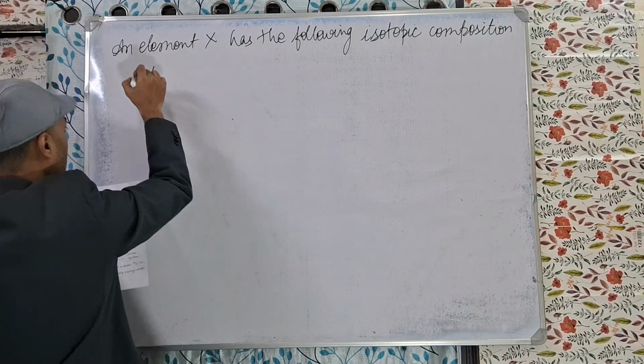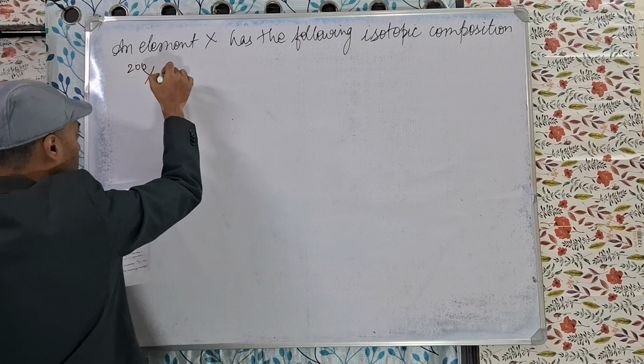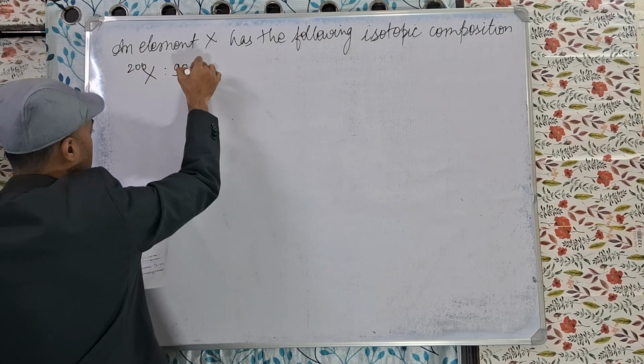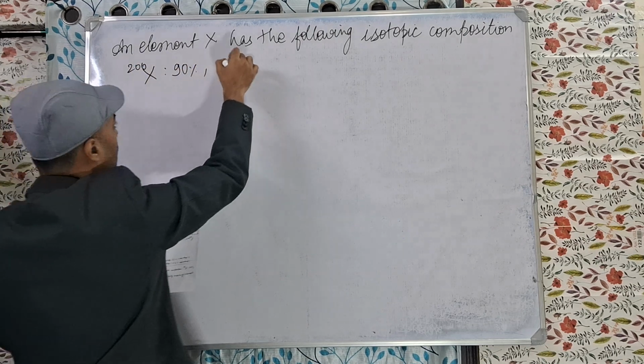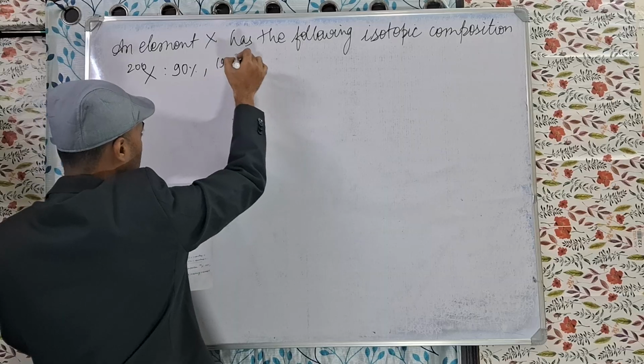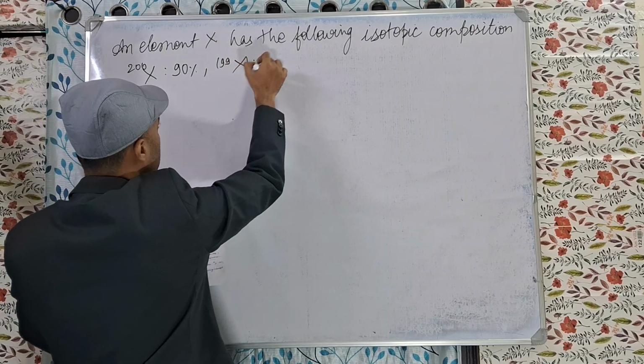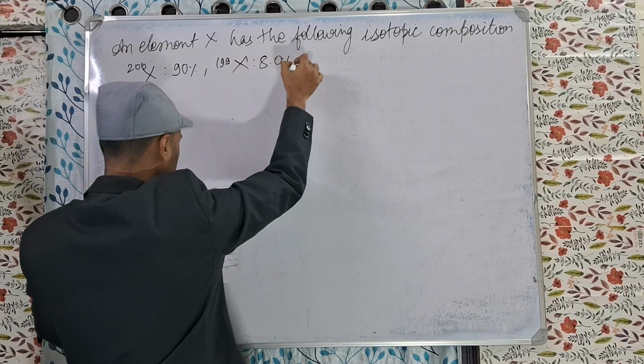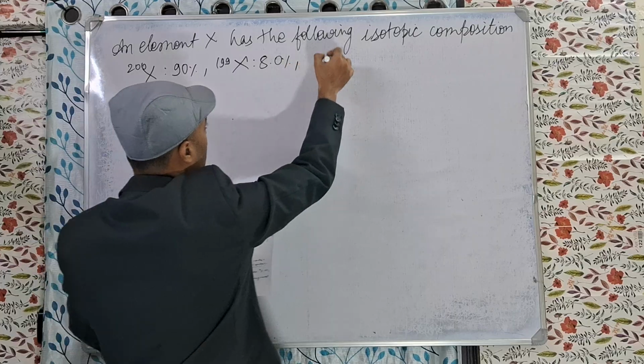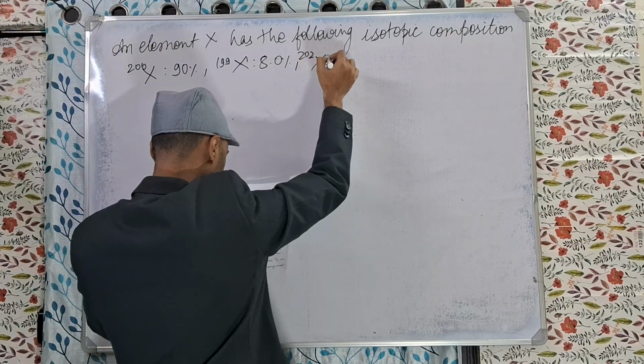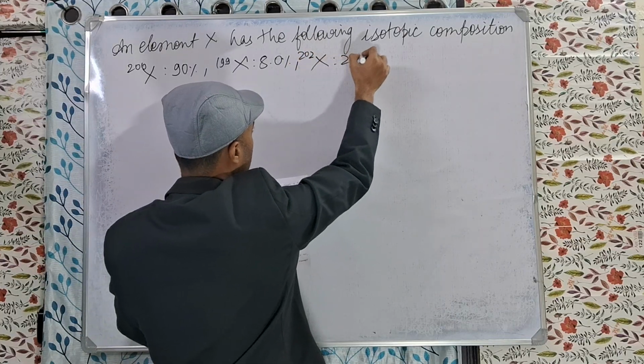X 200 is 90%, X 199 is 8%, and X 202 is 2.0%.